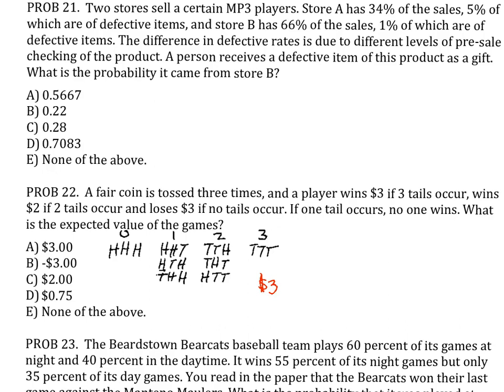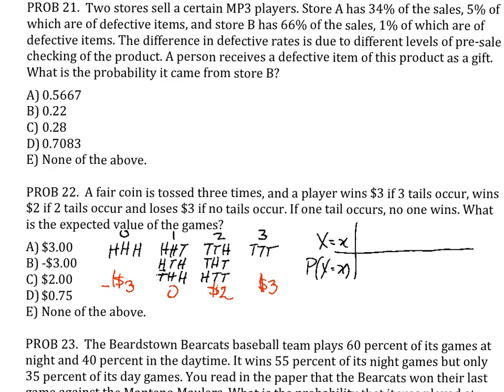If 2 tails occur, the outcome is $2. If no tails occur, the player loses $3. And if 1 tail occurs, nobody wins anything.